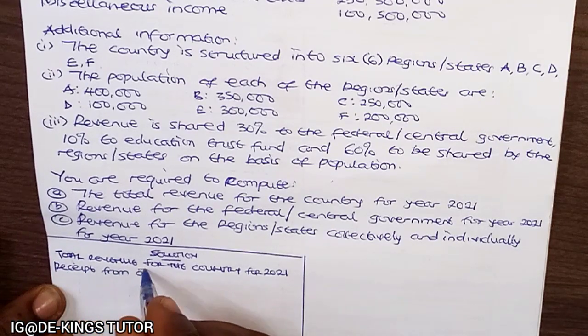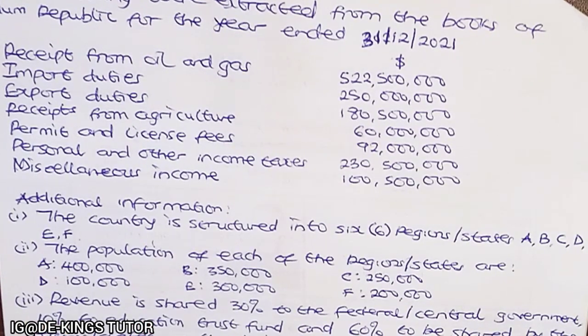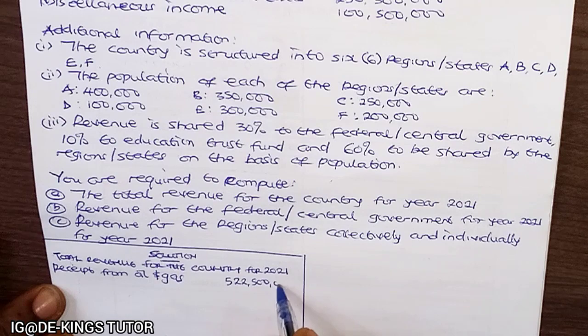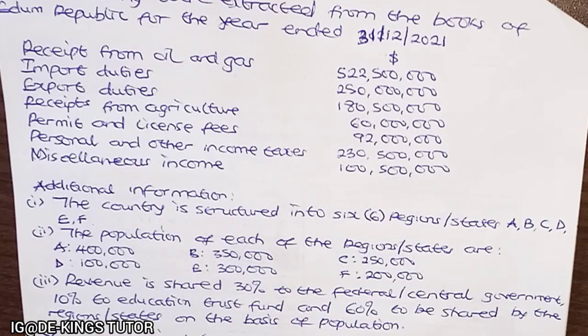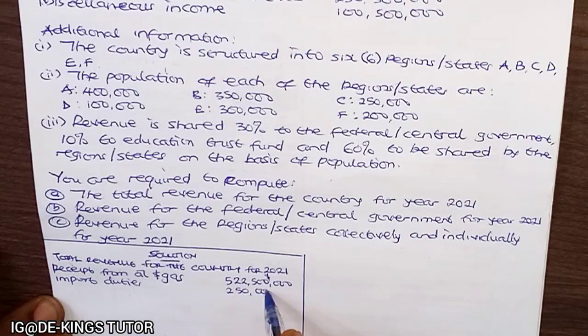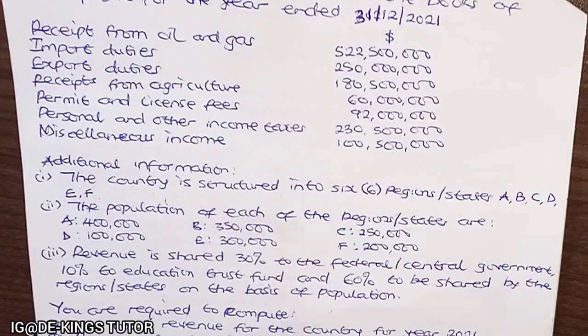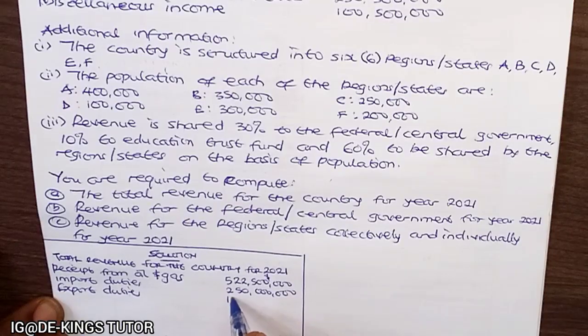Received from oil and gas 522,500,000. The next one, import duties 250 million. The next one, export duties 180,500,000.